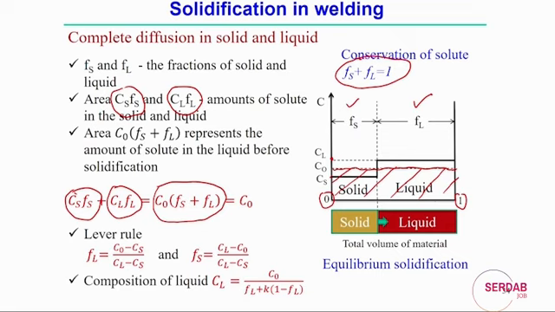So that total content should be equal to C0. Fs plus Fl is simply 1 according to solute conservation, and that means it is equal to C0.